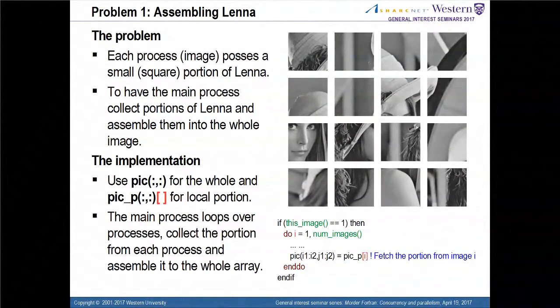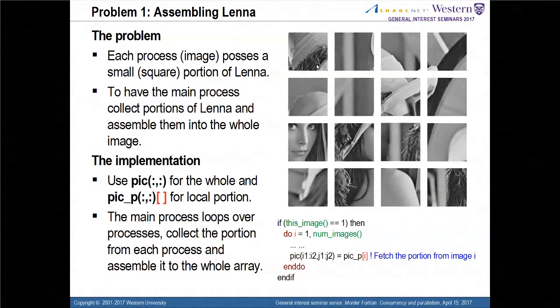This is an example I gave to the students in last summer school. What we want to accomplish is to assemble an image, a linear image. The image is being split into, for instance, here 4x4 tiles.